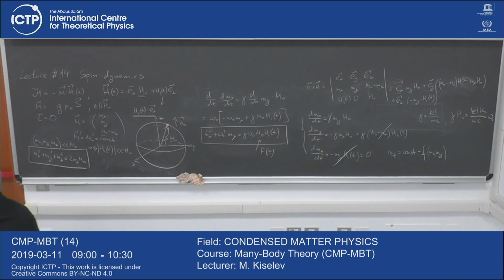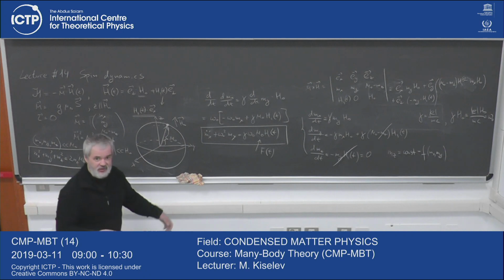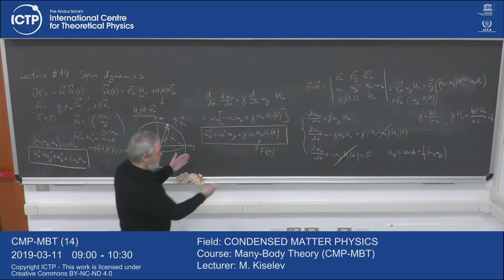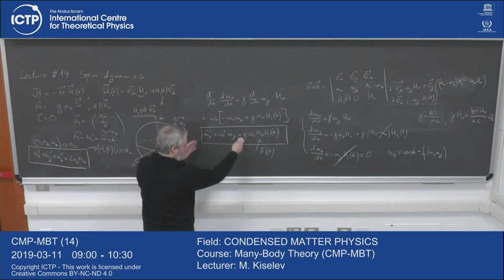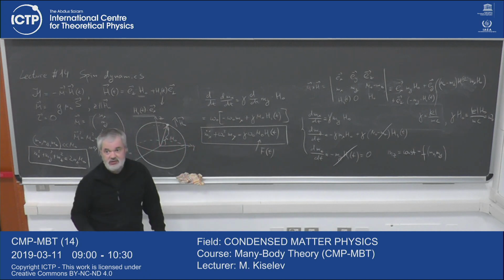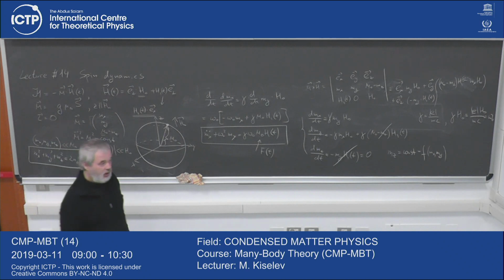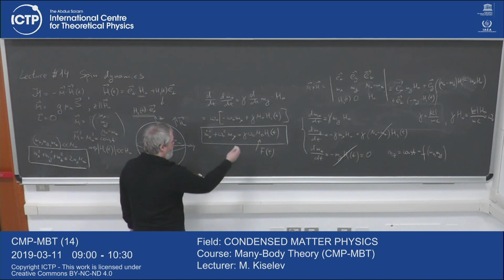So the solution of the linear ordinary differential equation with the right hand side is equal to the solution of the homogeneous equation, which means that this is equal to 0, plus some particular solution of the given non-homogeneous equation.